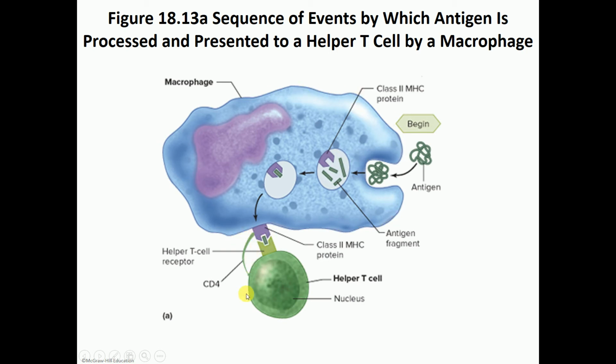Now the T helper cell has a receptor that is able to identify the class 2 MHC. Had this class 2 MHC been empty, then there would be no problem. But because it's not, that is going to lead to the activation of that helper T cell.